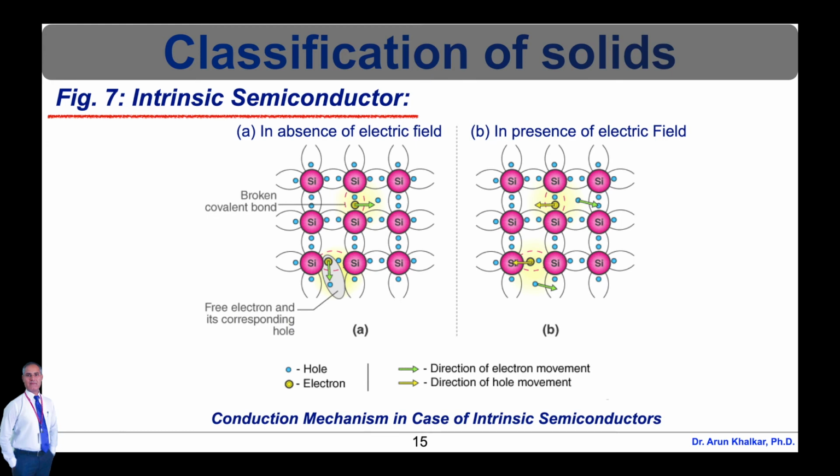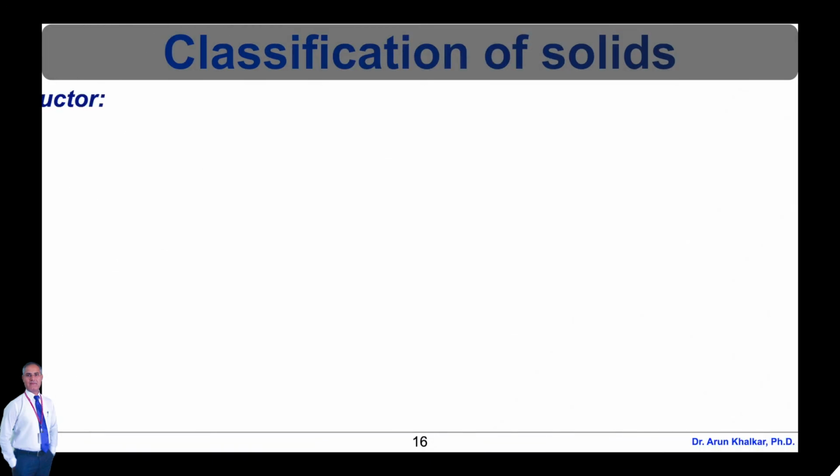Above absolute zero, with the increase in temperature, a few valence electrons jump into the conduction band and hence it behaves like a poor conductor. The conduction mechanism in intrinsic semiconductors is shown in this diagram.